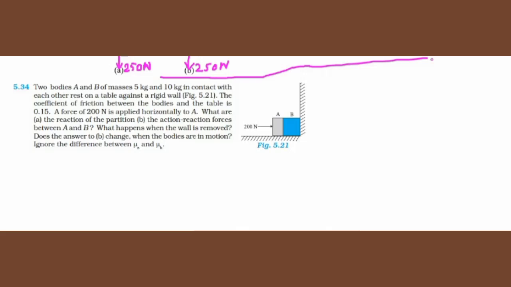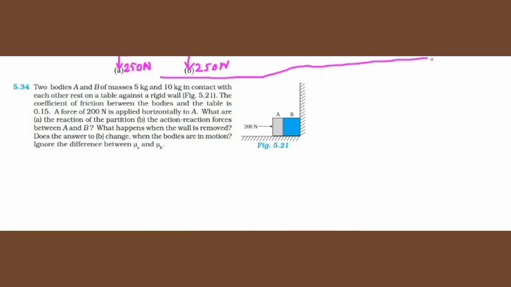Everything is clear from the diagram. A 200 Newton force is applied horizontally. There is a rigid wall there, so that absolutely there is no movement possible. So what happens then? What are the reaction of the partition and action reaction forces between A and B?